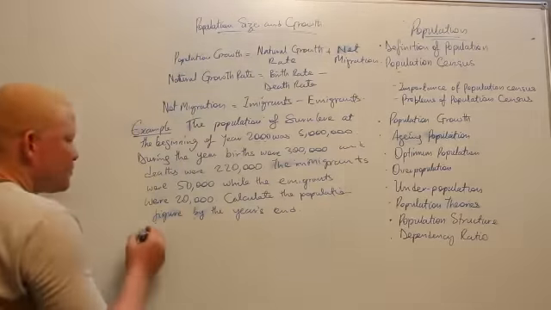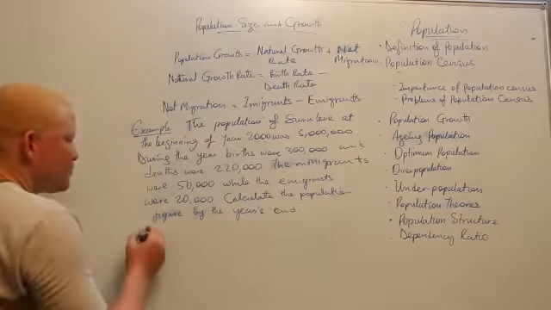Then I have the number of births, 300,000, less the number of deaths, 220,000.